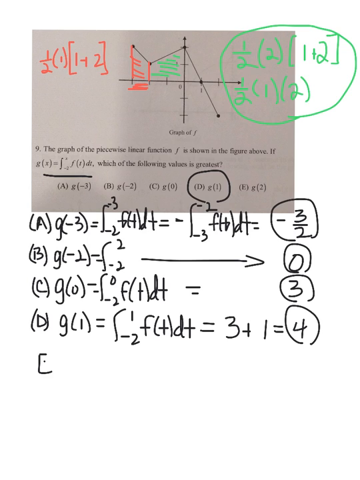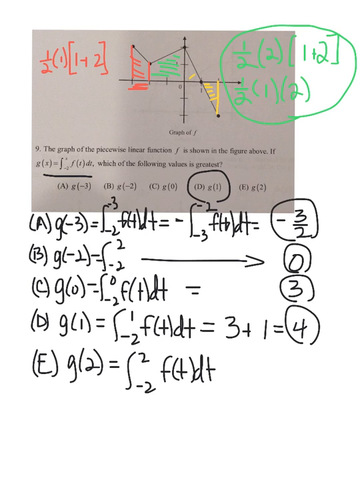Now let's look at choice E. Choice E is asking us to do g of 2, which is the integral from negative 2 to positive 2 of f of t dt. Let me just talk about this for a second, because let's not even bother doing the work. What you should hopefully see is that this space here and this space here are equivalent, except that that area is positive and this area is negative. So won't these two areas cancel each other out?